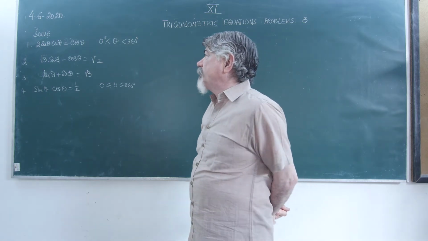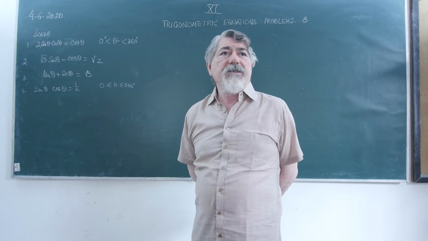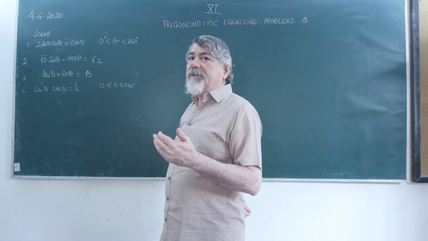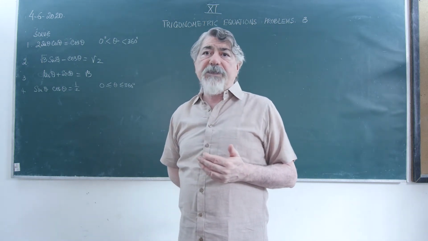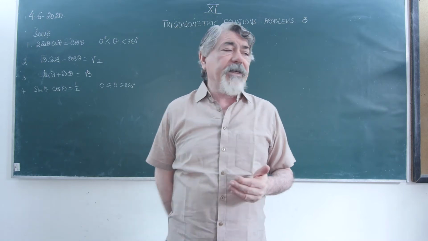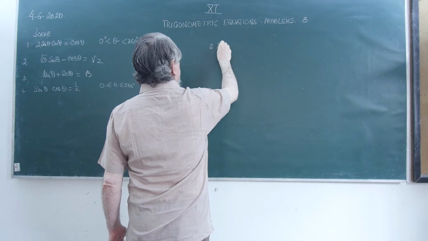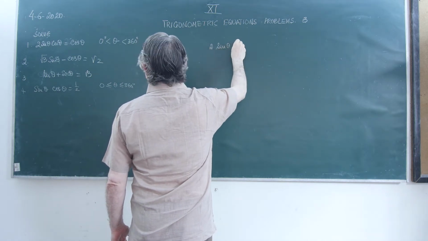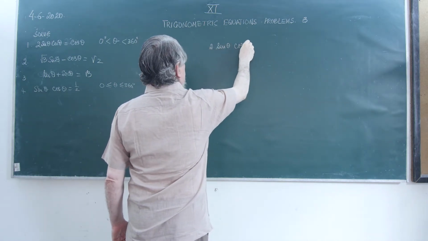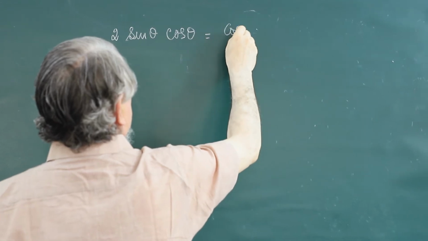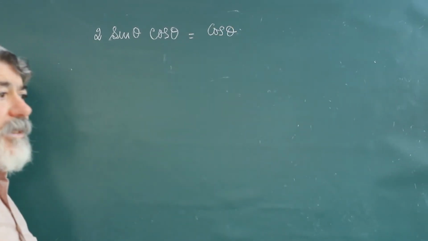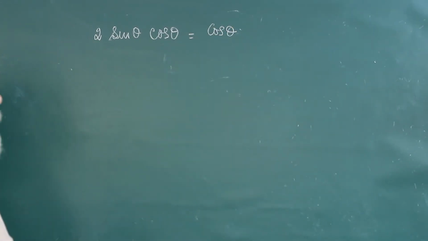2 sine theta cos theta is equal to cos theta. We must try and simplify the equation. So I'll bring cos theta from the right side to the left side.